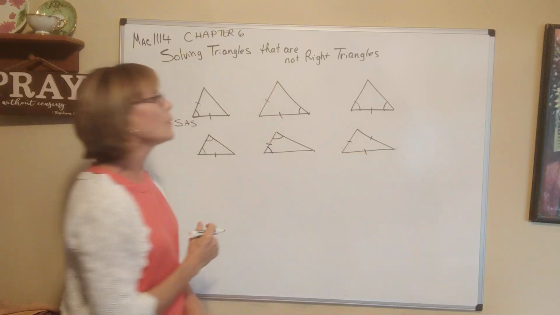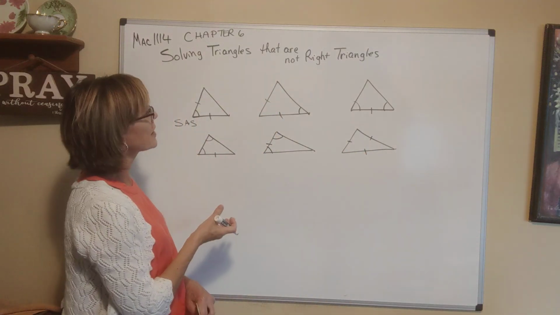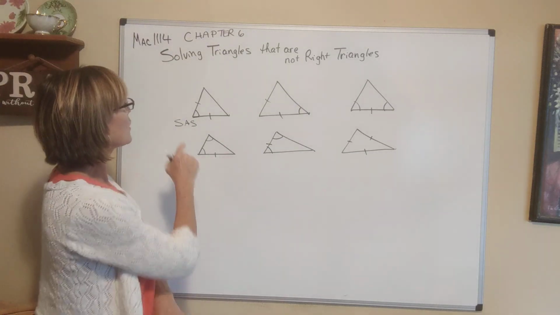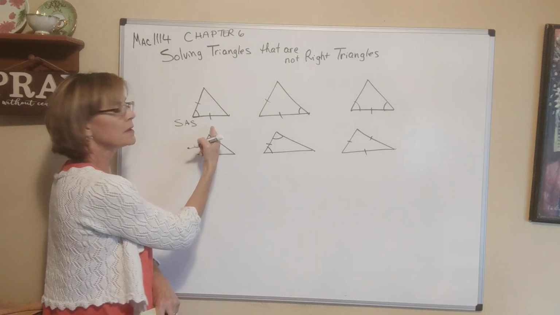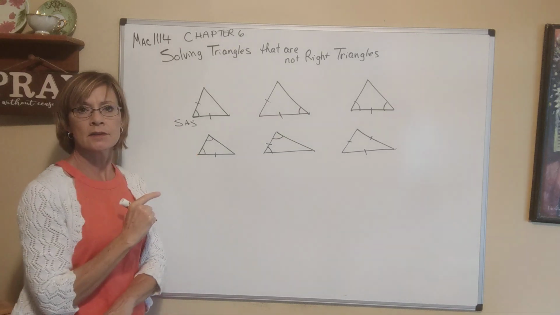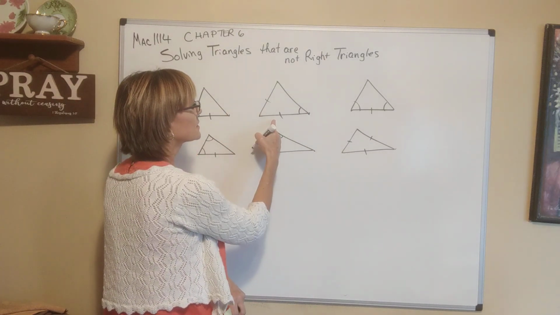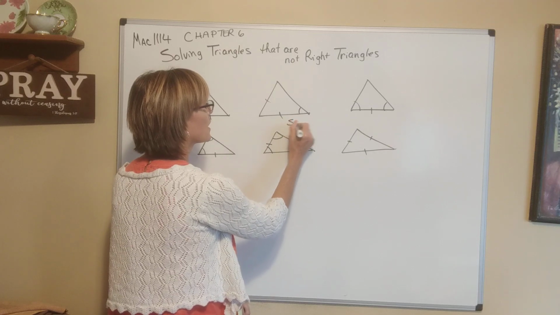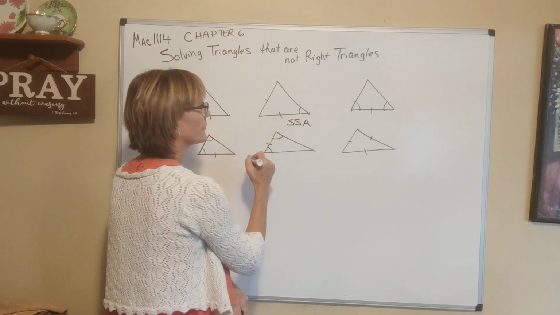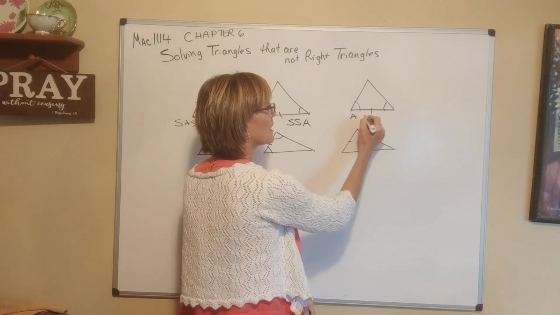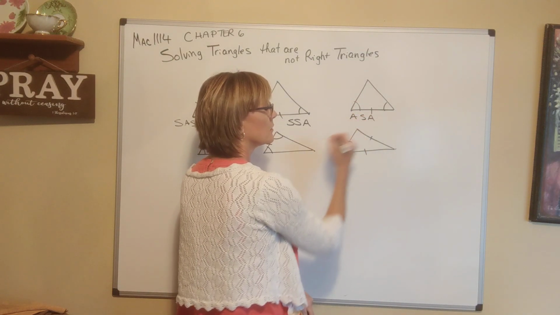Okay, so what we're going to do is first go through these triangles and just say, what do we know about them? So if we look at this first one, we know this side, this angle, and this side. SAS is what we're going to say there. Right here, we know this side, and this angle. We know side, side, angle. All right. Right here, we know angle, side, angle.